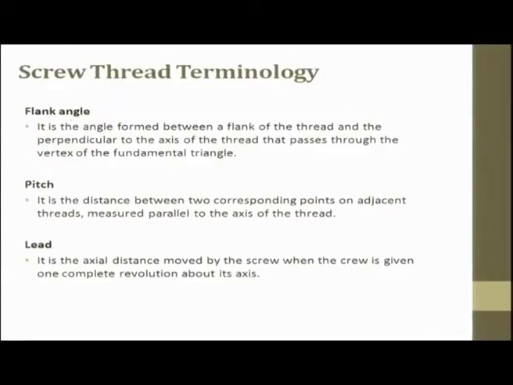Next, flank angle. It is the angle formed between a flank of a thread and a perpendicular to the axis. Suppose you have something like this, between the perpendicular line and the flank is alpha. It is the angle formed between a flank of a thread and the perpendicular to the axis of the thread that passes through the vertex of the fundamental triangle, called the flank angle.